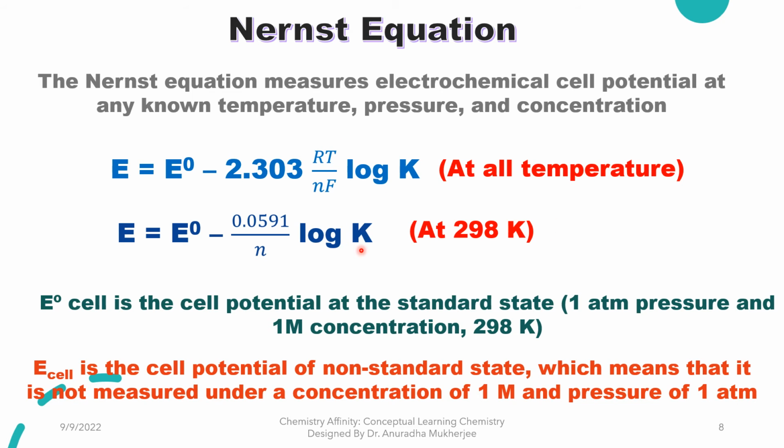But if you want to calculate the Nernst equation at 298 Kelvin, then this entire part can be converted into the value 0.0591 divided by N log K. E0 cell is the cell potential at the standard state, 1 atmospheric pressure and 1 molar concentration, 298 Kelvin. And E cell is the cell potential of a non-standard state, which means it is not measured under a concentration of 1 molar and pressure of 1 atmosphere.